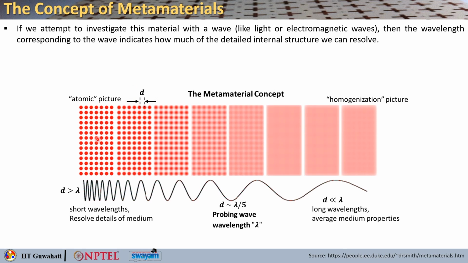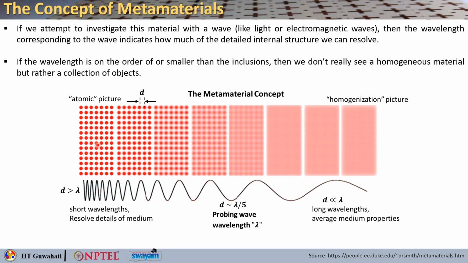Now, if you attempt to investigate this material with a wave, say light or an electromagnetic wave, then the wavelength corresponding to the wave indicates how much of the detailed internal structure we can resolve using that particular wave. So, then comes the wave that you are going to compare this structure with.